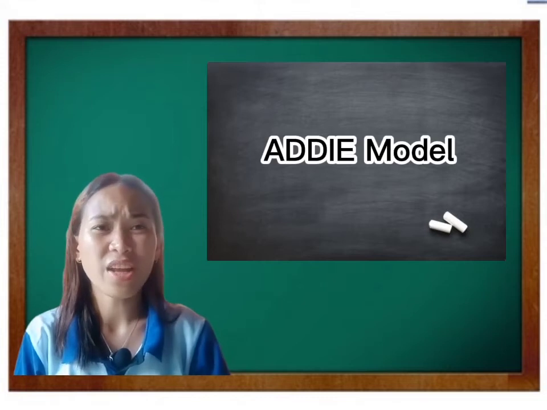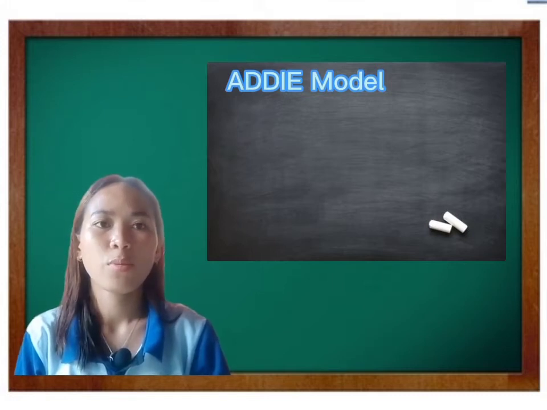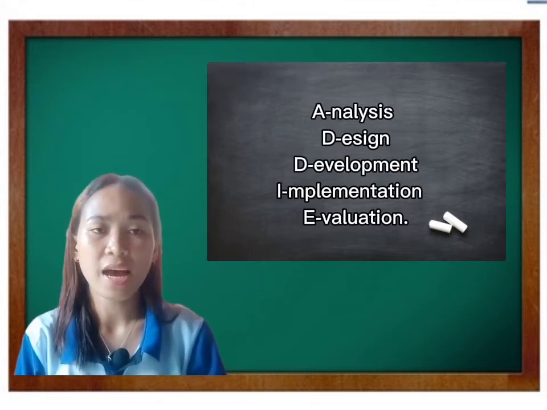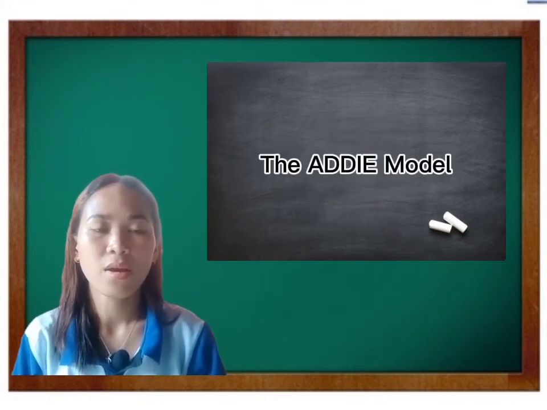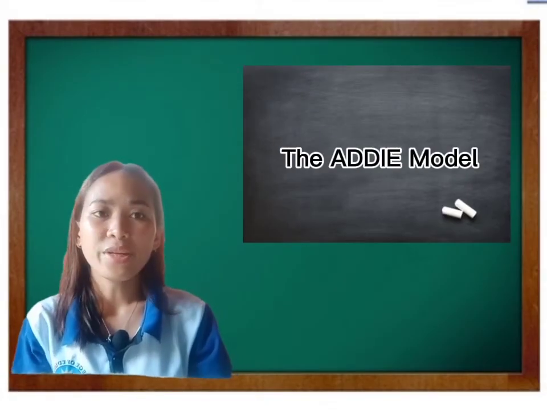Who's familiar with ADDIE? The acronym stands for the five key stages of the instructional design process, which are analysis, design, development, implementation, and evaluation. The ADDIE model.